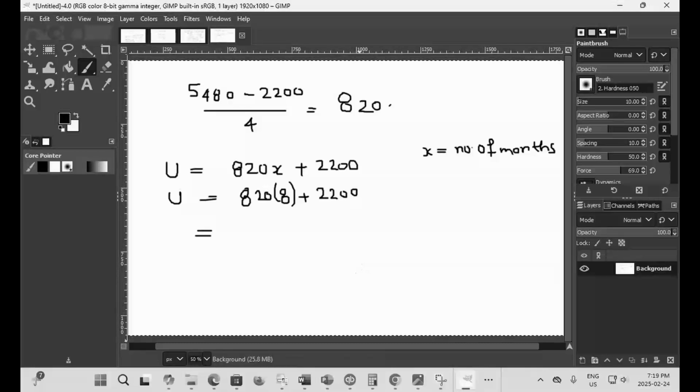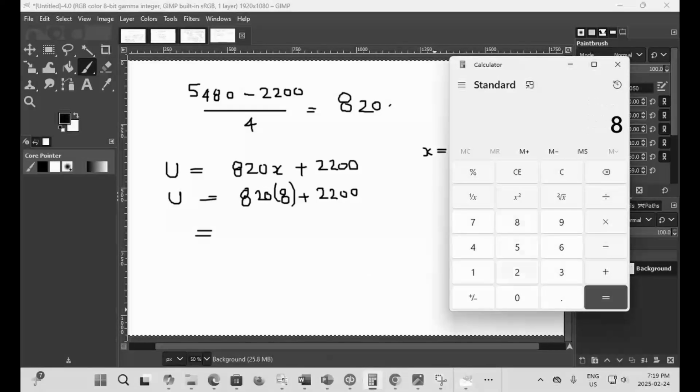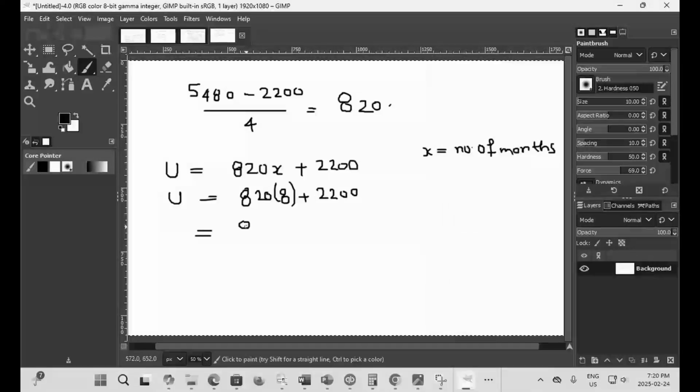Total number of users will be 8,760. This will be the total number of users. So that is basically your solution.